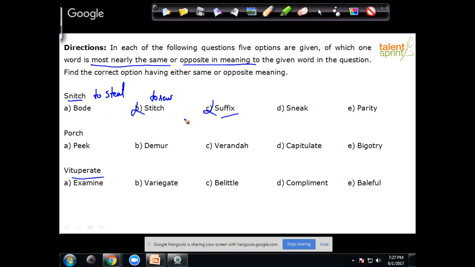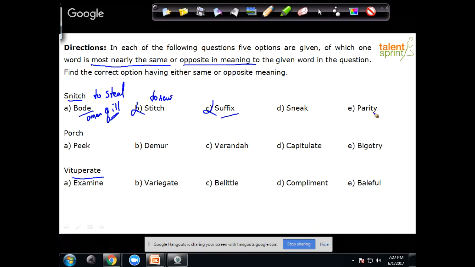So, these two words are unrelated. What's omen? Omen again might be a word that you may not know. An omen can be either good or of ill. Usually it's of ill. Again, an unrelated word.